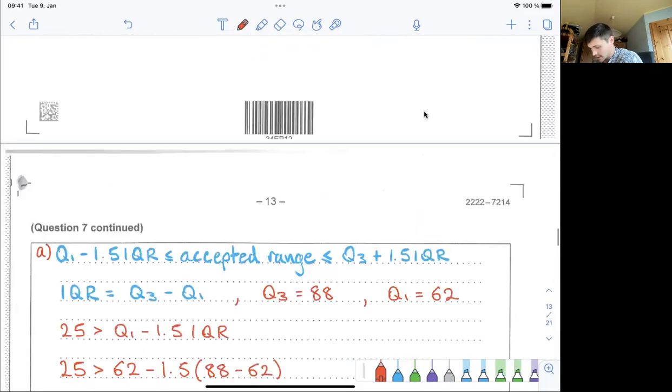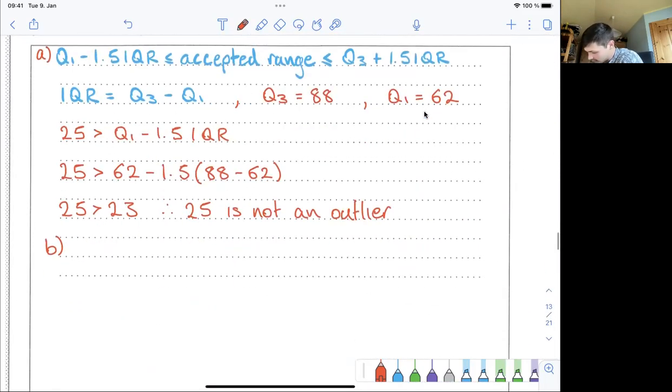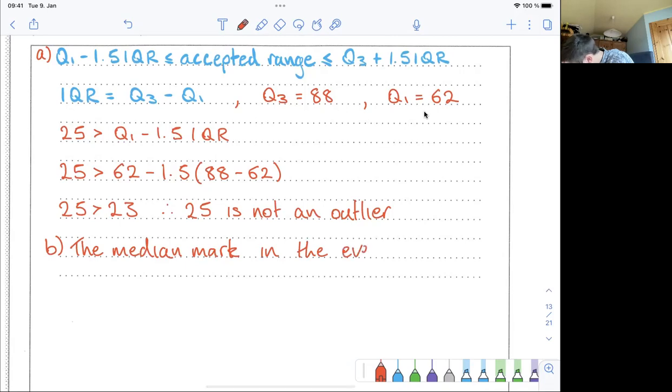So I'll say the median mark in the evening class is higher than the morning class.